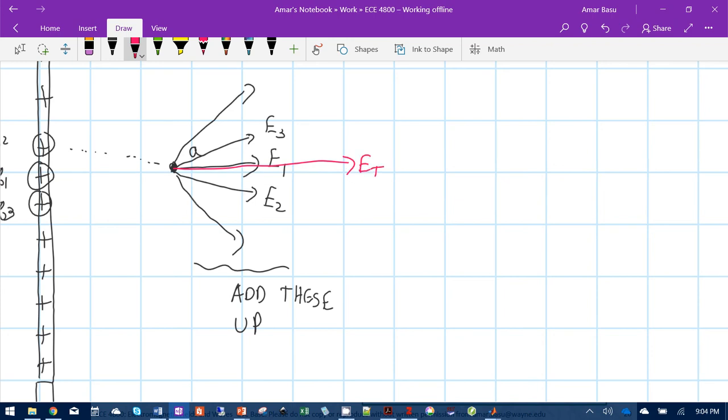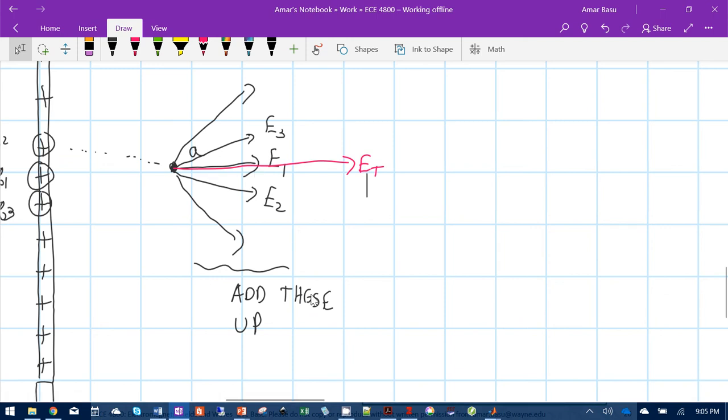Why is it going to be in a straight line like that? Exactly. Good. So the point that Isaac is making here is that the components of these vectors are going to end up canceling each other out.